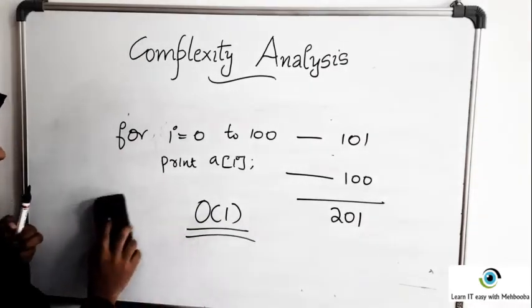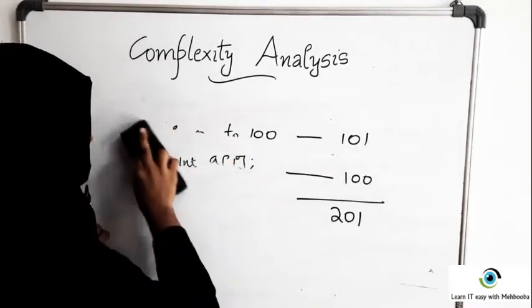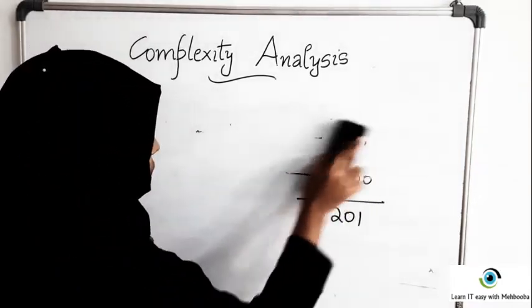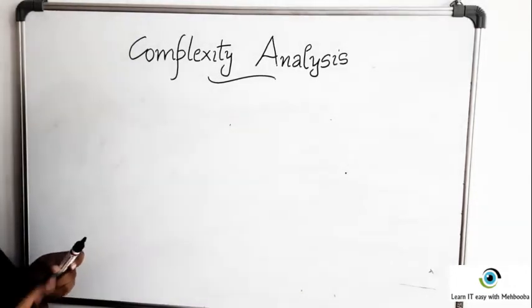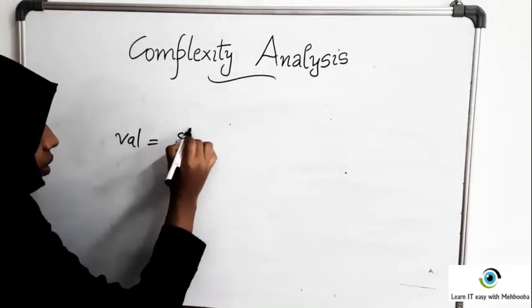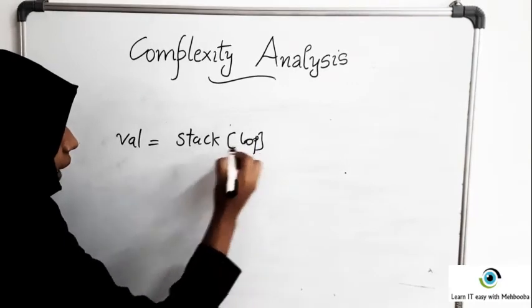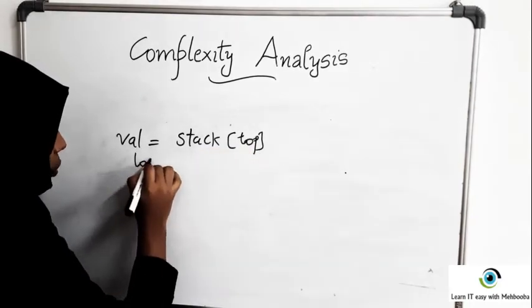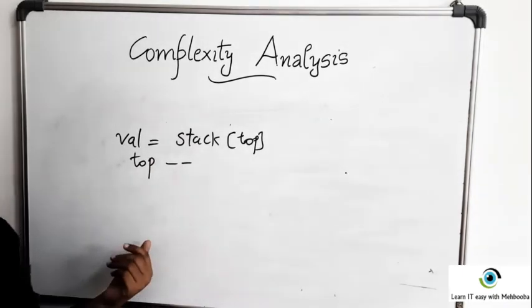To give you more examples, we will see the complexity of popping an item from a stack. You know that to pop an item from a stack, you have to copy the value in stack of top to some variable and you have to decrement top, isn't it? This is how we pop an element of the stack.